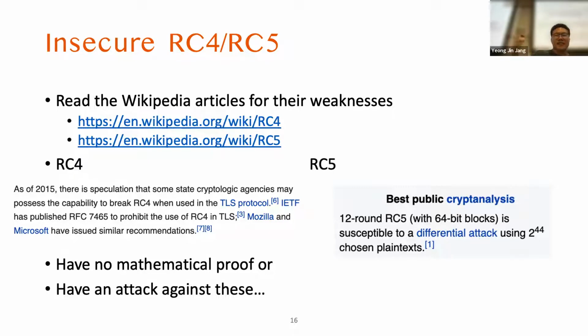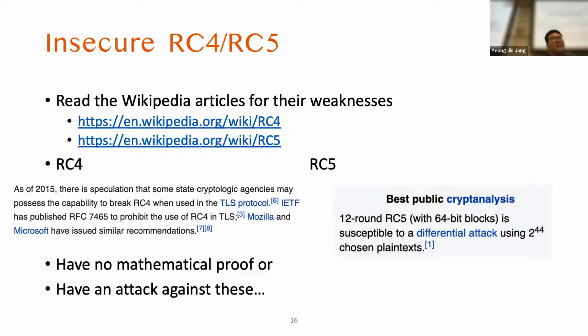The cryptanalysis says that 12-round RC5 is susceptible to differential attack using 2 to the 44 chosen plaintexts. 2 to the 44 is about 16 tera messages.